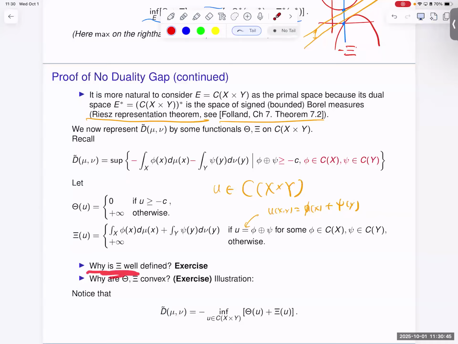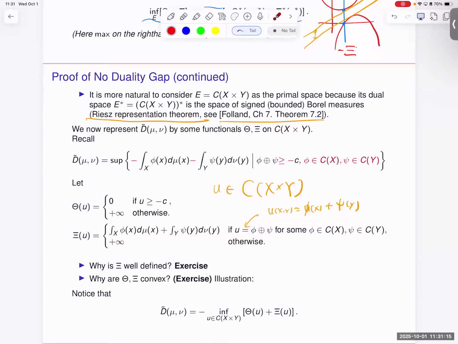This function psi is defined in a weird way. If this function is decomposable into this direct sum of two single-variable functions, then it gives this value, otherwise plus infinity. So what you want to ask is whether this expression is well defined.